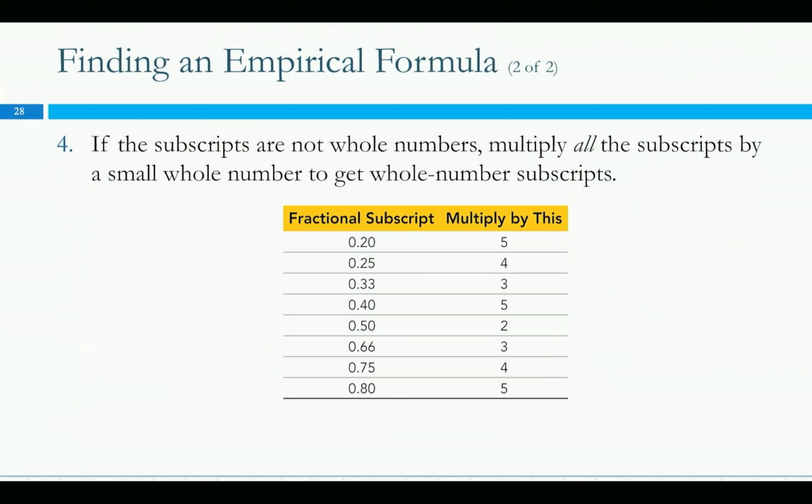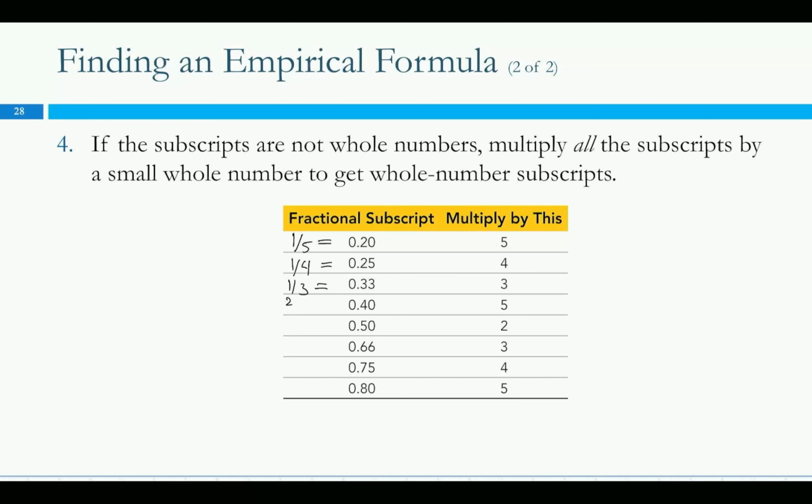So for example, these are the fractional subscripts. For me, it always helps to remember these as 1 divided by whatever you would need to multiply it by, because 1 divided by 5 equals 0.2. 1 divided by 4 equals 0.25. 1 divided by 3 equals 0.33, repeating.